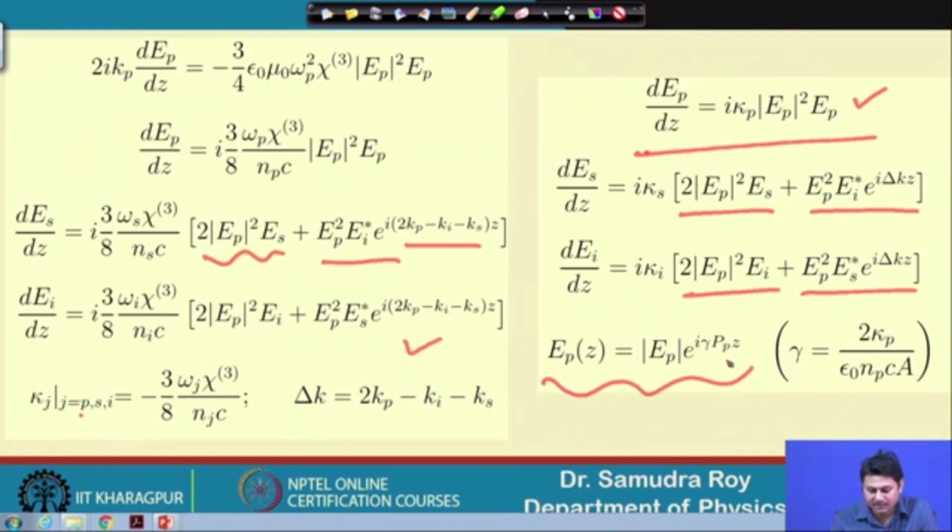You can do it quite easily: just put Ep as Up e to the power i phi p, and if I put this here, you will have an equation of Up, which is the amplitude, and an equation of phi p, which is the phase. Divide it into real and imaginary parts, and on the right hand side I can also have real and imaginary. If I combine these, we have two equations, one differential equation for amplitude and another for phase.